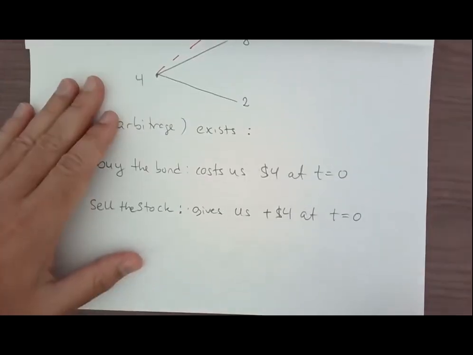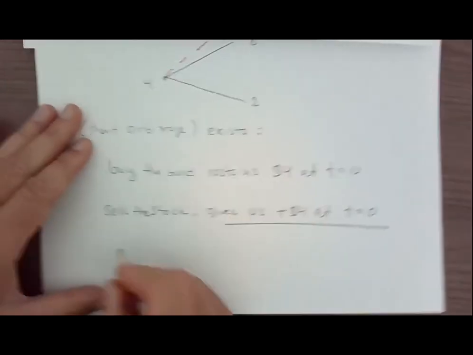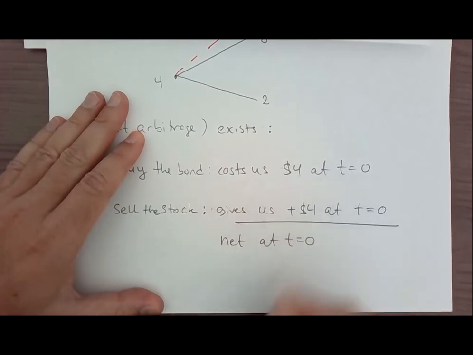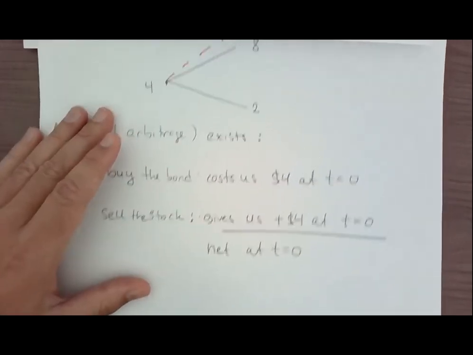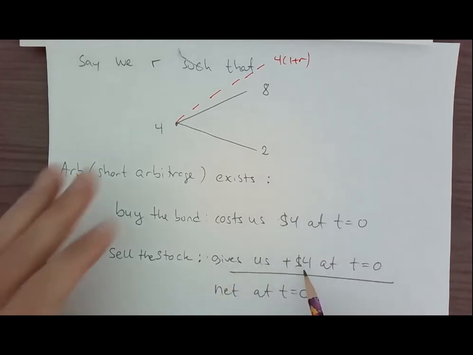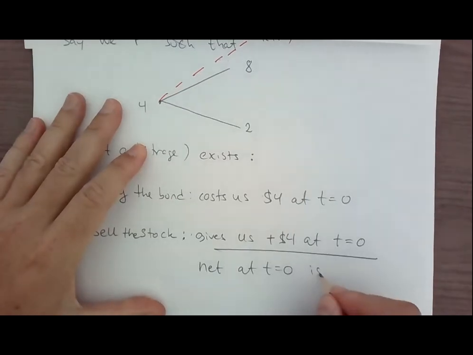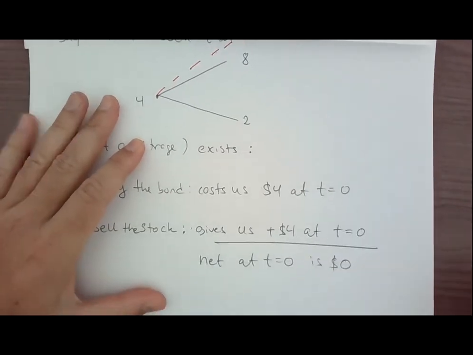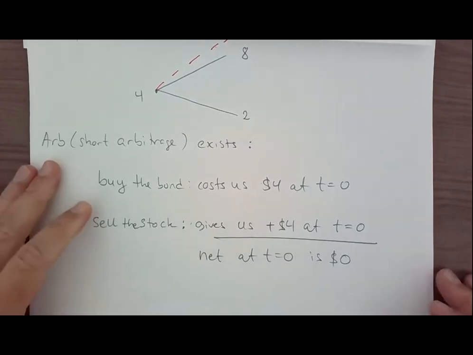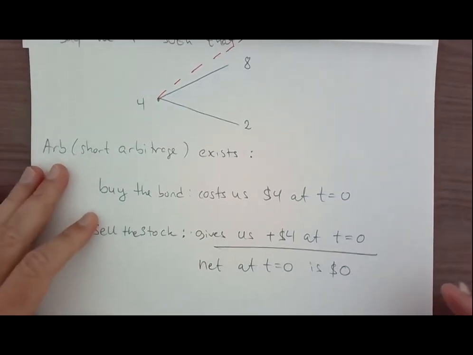So this is net at time 0. We're buying the bond, this costs us $4, and we sell the stock, this gives us $4. Okay, so the net at time 0 is $0. So this strategy doesn't cost us any money at time 0.